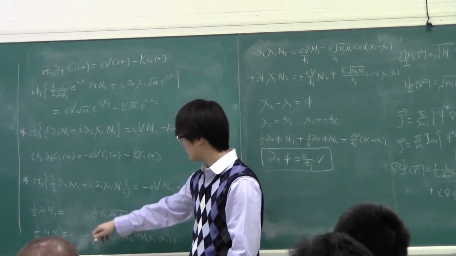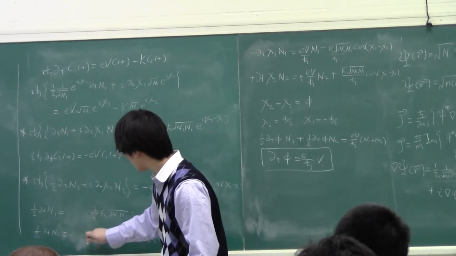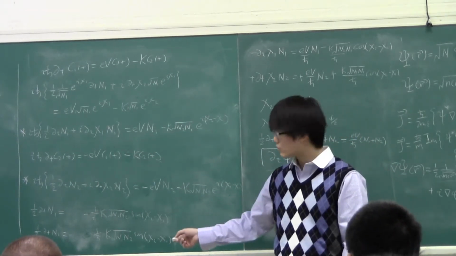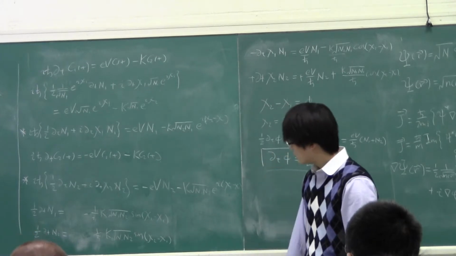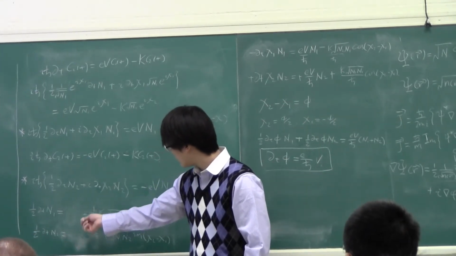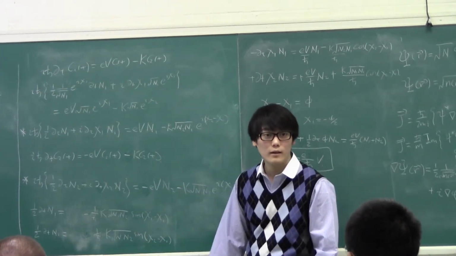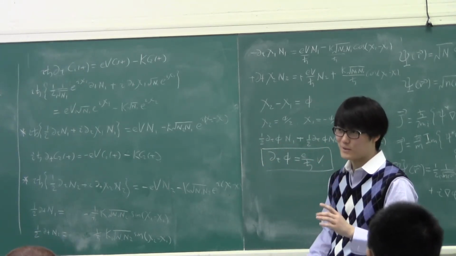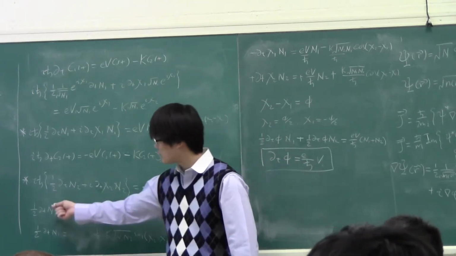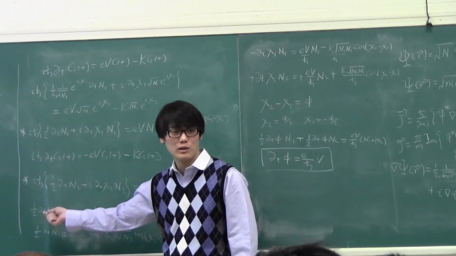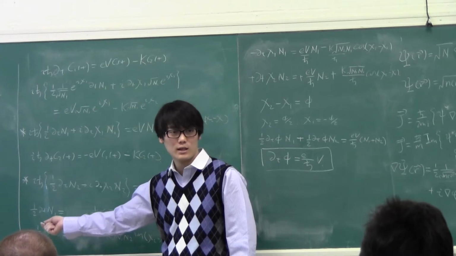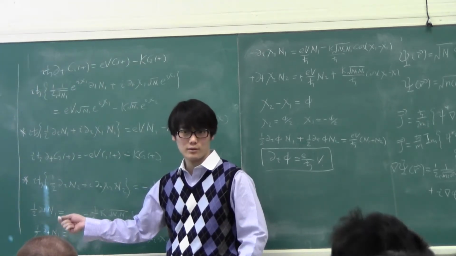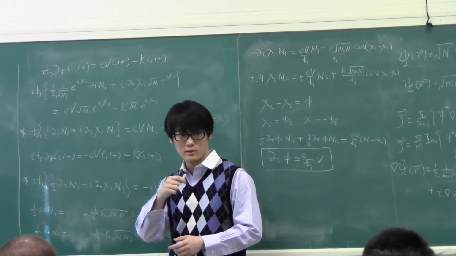Yes, because this one was chi1 minus chi2, and we switched the sign here. Now if we take the sum of these two, we find that the time derivative of n1 plus n2 is a conserved quantity. So that's good. We have particle conservation across the junction.